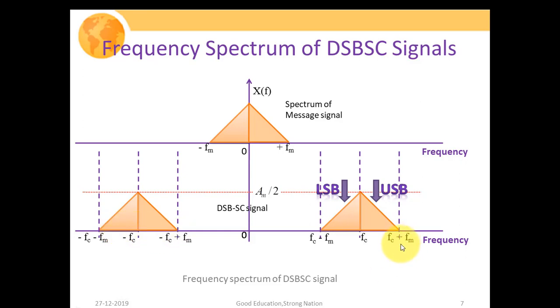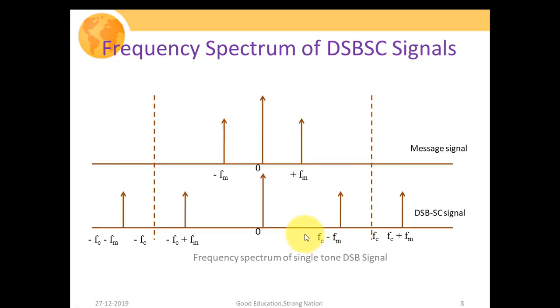So with this figure we could say that the maximum frequency component present in our DSB-SC signal is fc plus fm, and the lowest frequency component is fc minus fm. In our DSB-SC signal we will not get any frequency component greater than fc plus fm, and none lesser than fc minus fm.